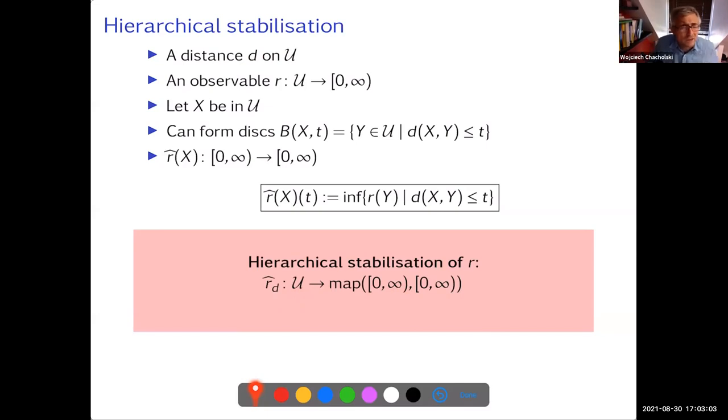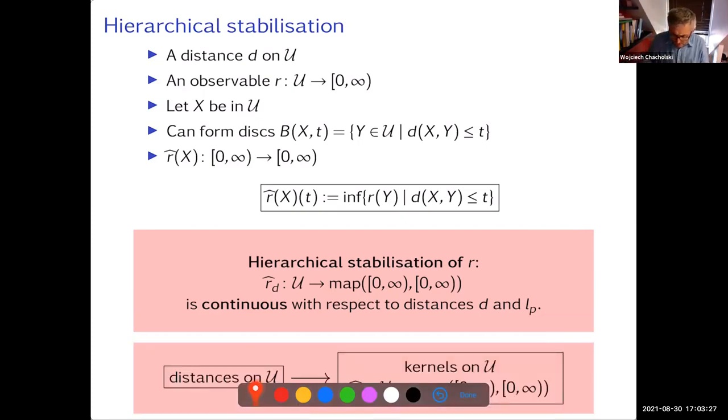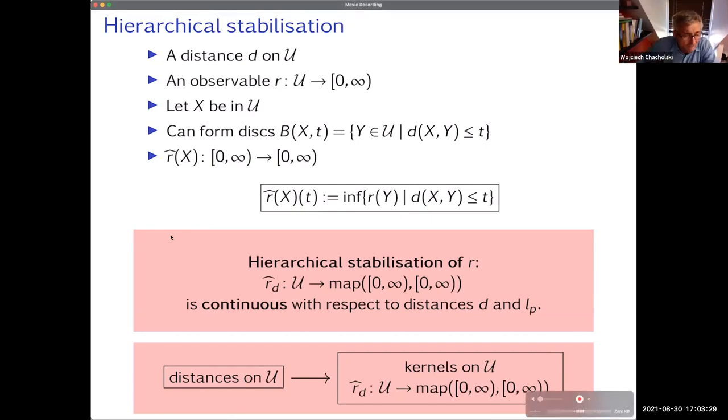Now we call it hierarchical stabilization because this function is continuous, where you endow U with a metric D, and you can endow this space of functions with L^p distance. So we consider Lebesgue integrable functions. It's always continuous.